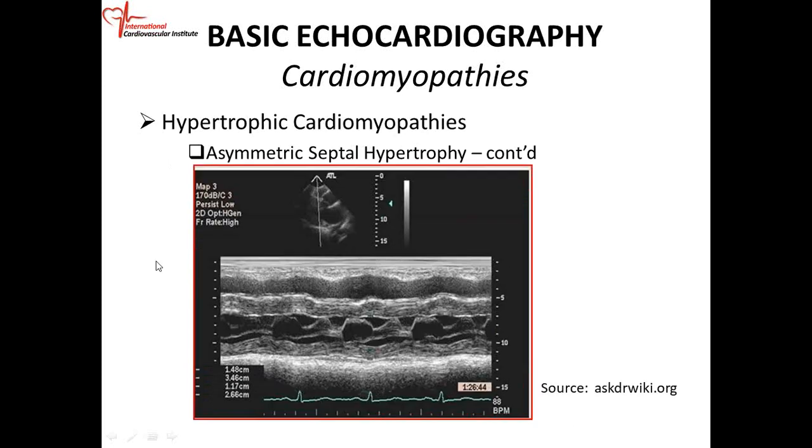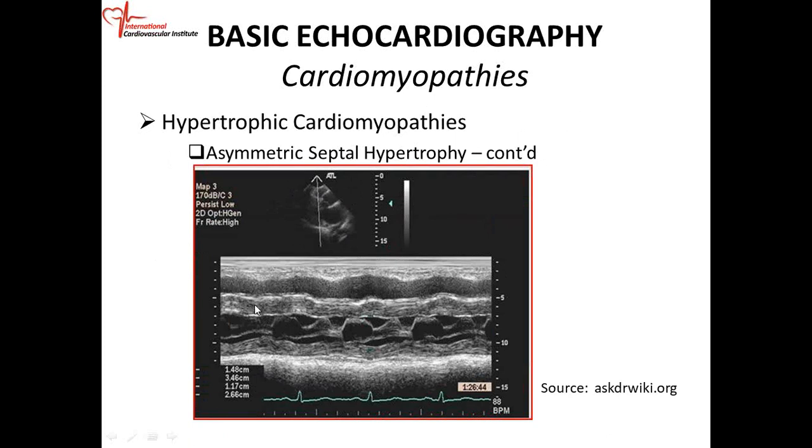When you look at the M mode of a patient with hypertrophic cardiomyopathy, on top you have your two-dimensional echo, and then your M mode is on bottom. Once you have seen a lot of these M modes, you know that there's thickening of the RV wall. This is the RV cavity.